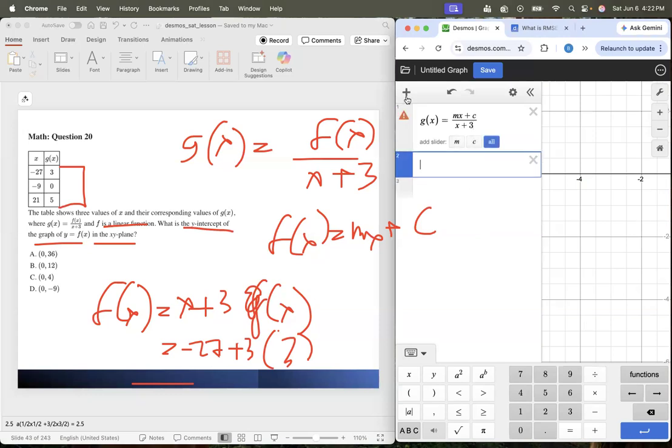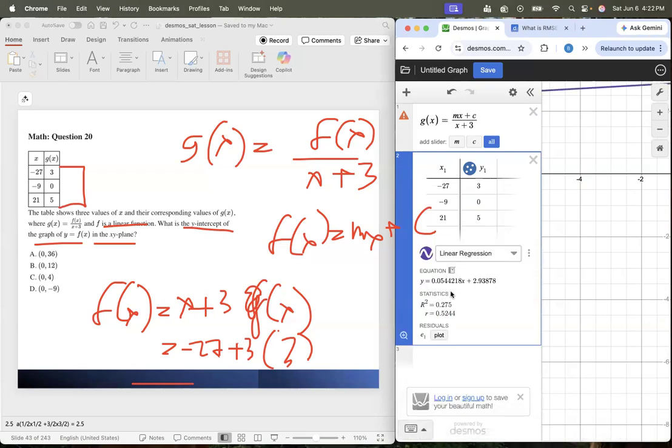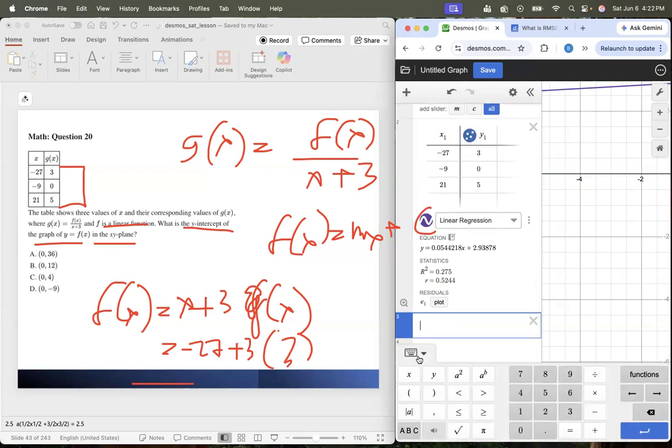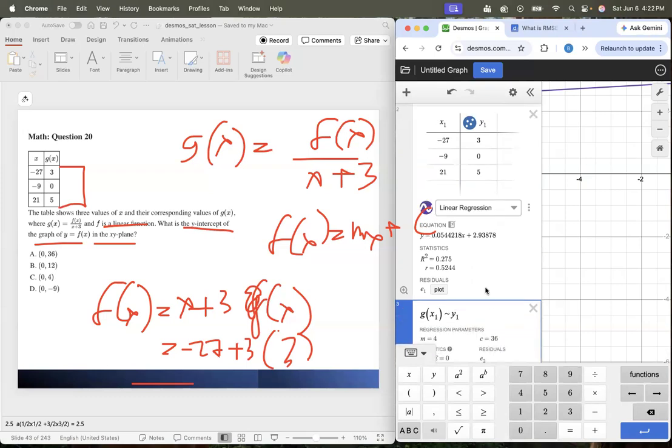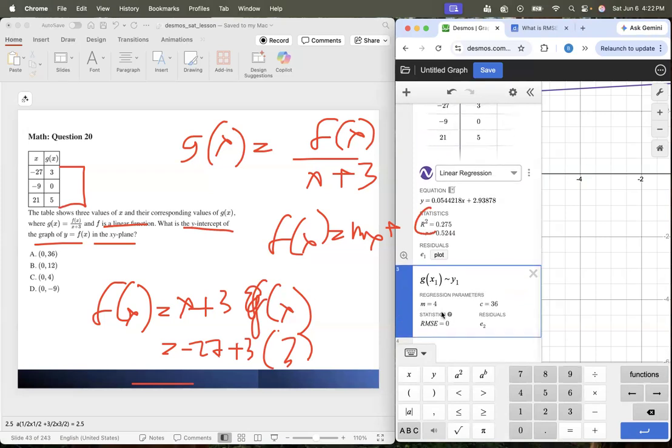And then we plot our graph given the points given: 2, 7, 3, -9, 0, 21, 5. And when you plot it, you have this. We're going to tell Desmos that this g of x that we have, we can regress it to the new graph y1. And just by that, it gives us our m is equal to 4.